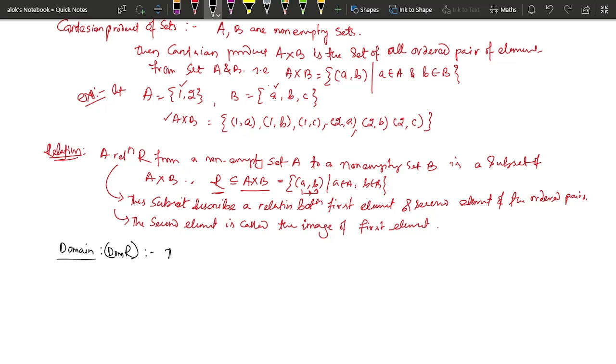The set of all first elements of the ordered pairs of R is called the domain of R.